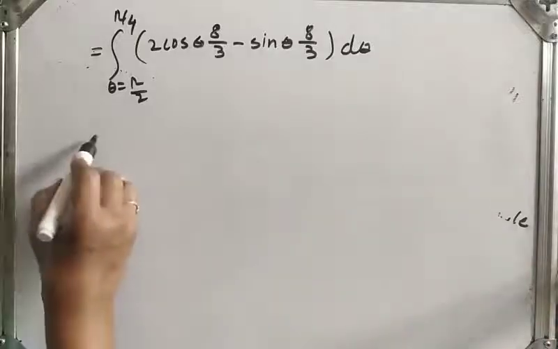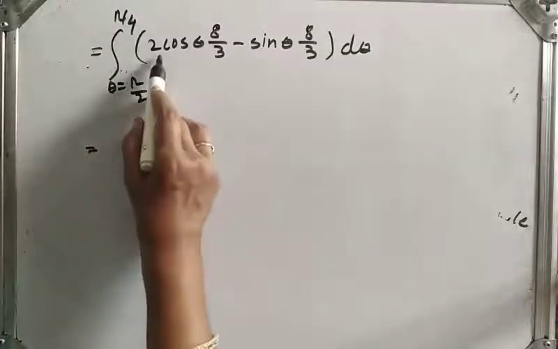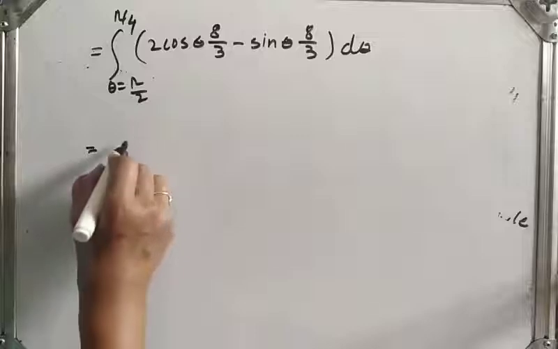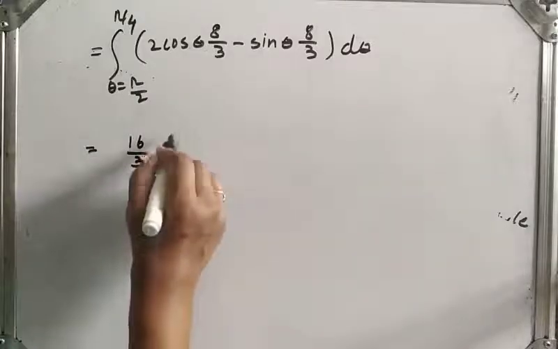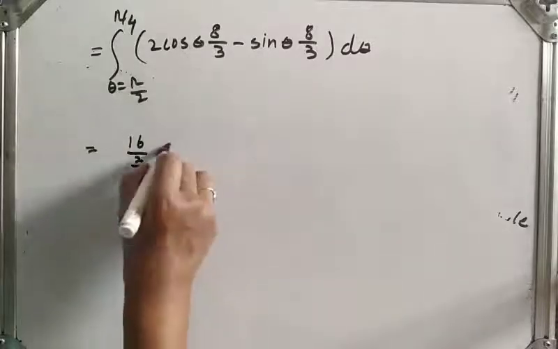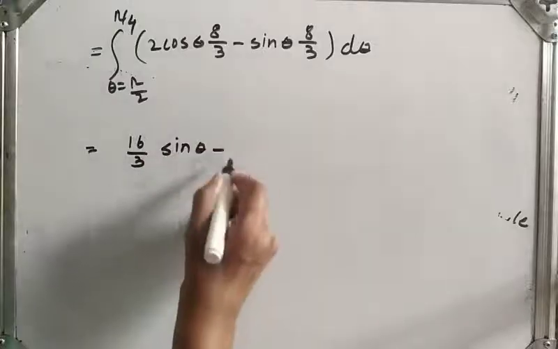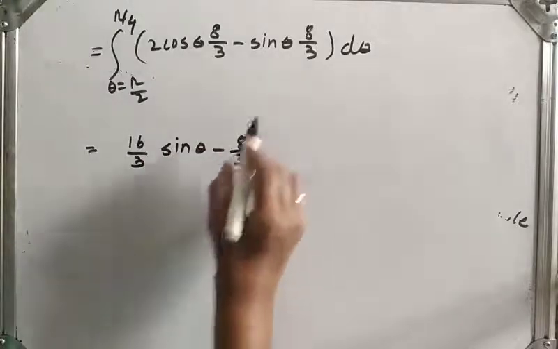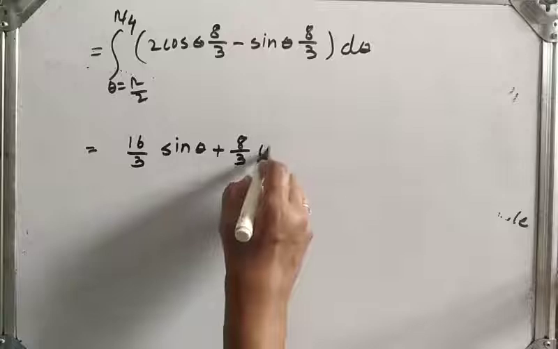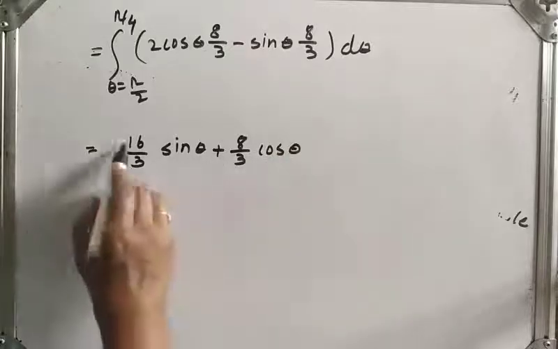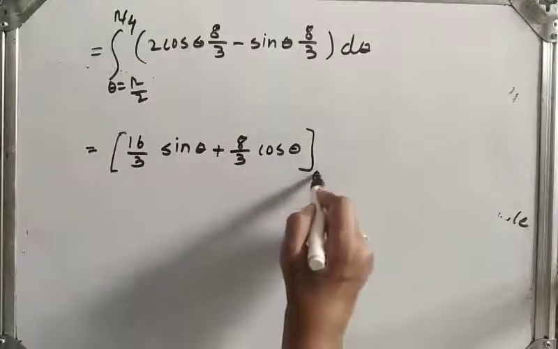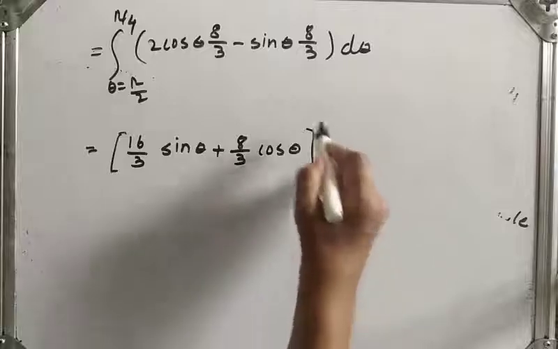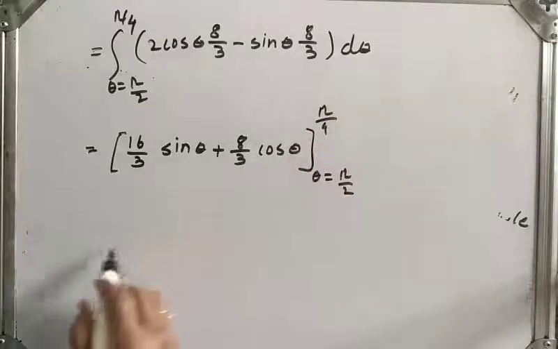Now integrate with respect to theta. So it is 2 into 8 by 3, that is 16 by 3. Integration of cos theta is sin theta, minus 8 upon 3, integration of sin theta is minus cos theta. So minus minus will be plus, with limits theta from pi by 2 to pi by 4.